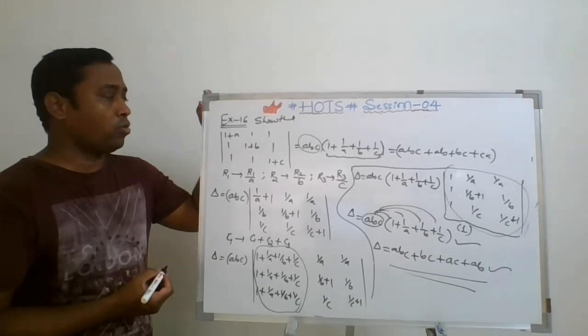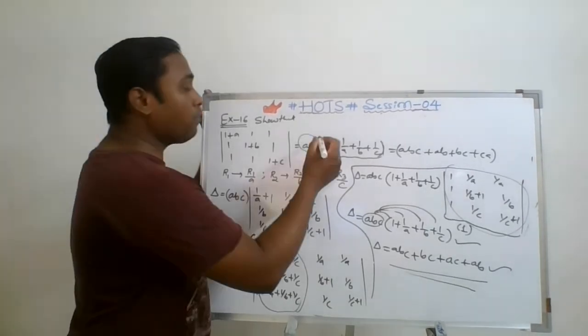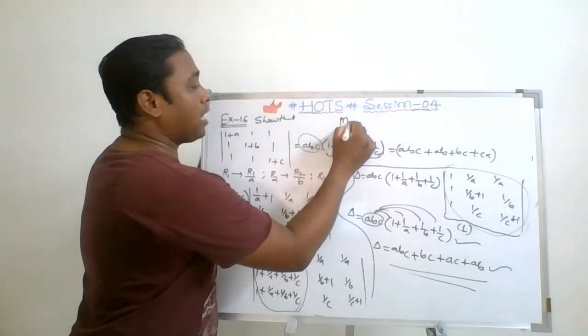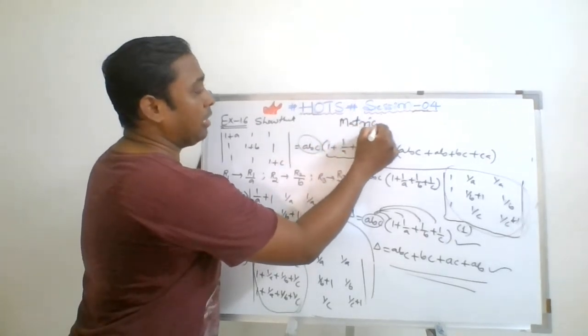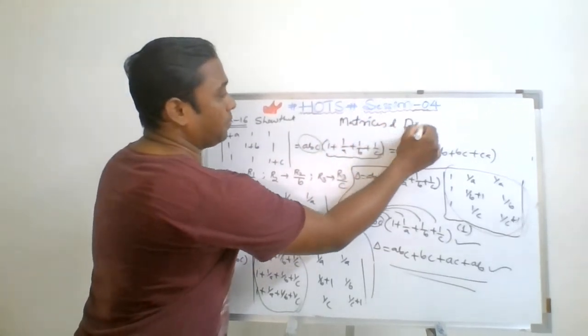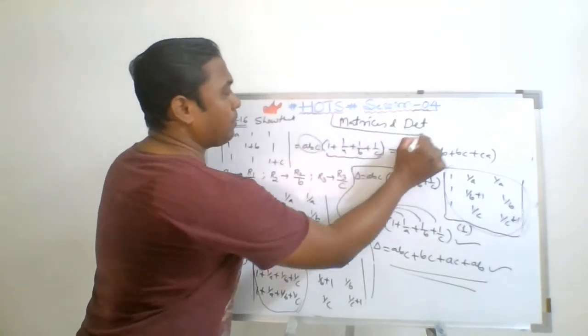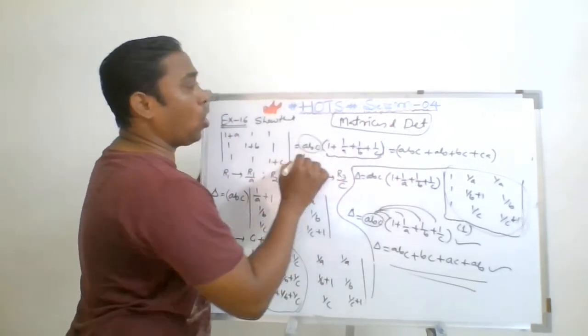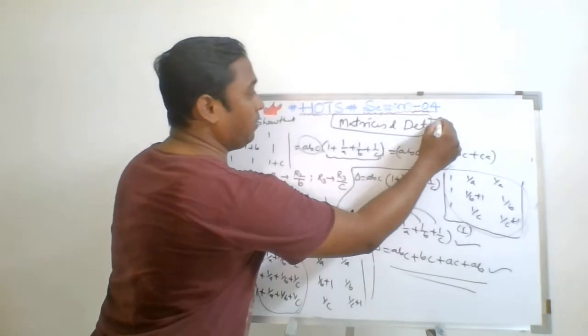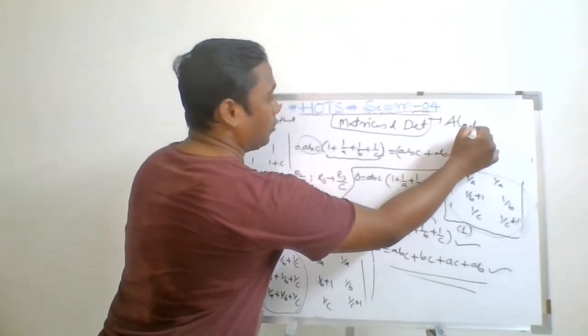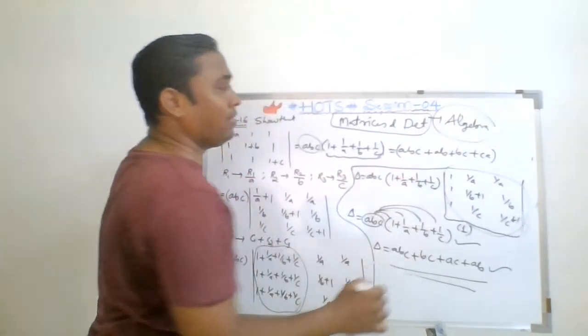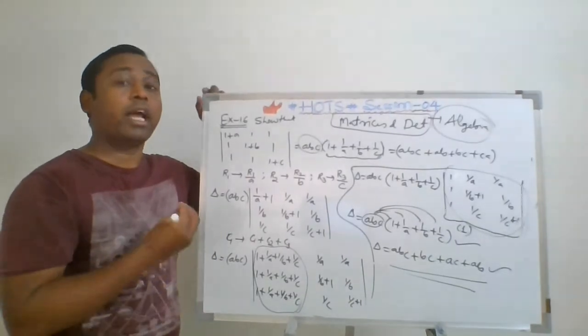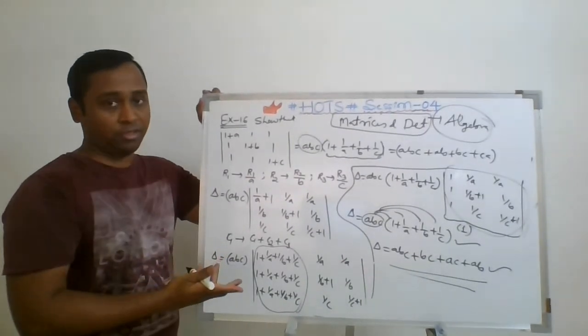You may also understand that in CBSE, matrices and determinants, these two chapters are counted as algebra. The unit name is algebra. So algebra basically involves the art of calculation.